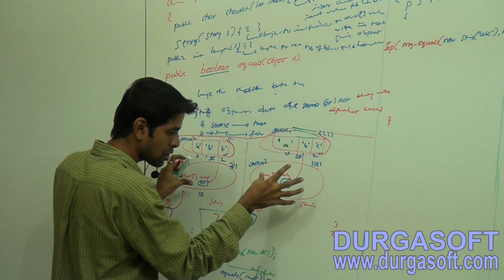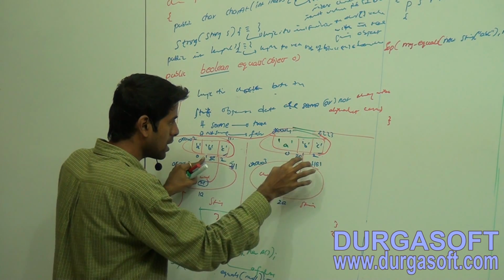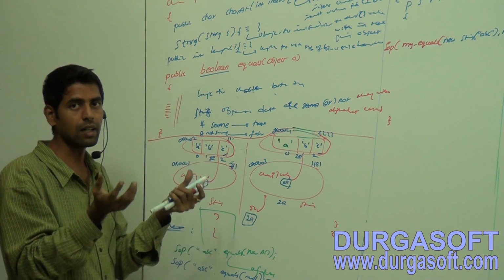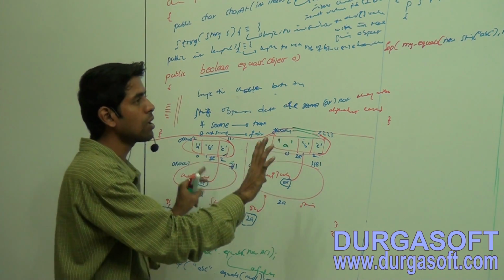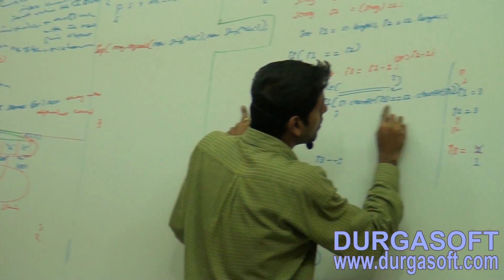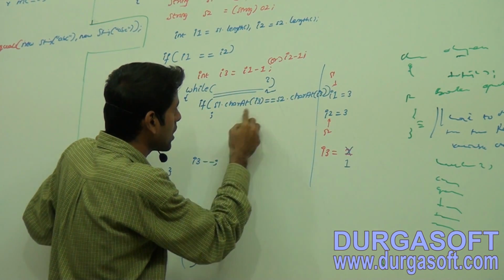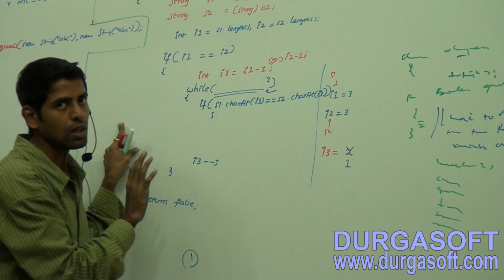In two different string objects you are considering the same indexes, and we are accessing character literals. We are checking whether both are equal or not by using what? The double equals operator. If both are same, it will execute, otherwise it will come out of the if block.